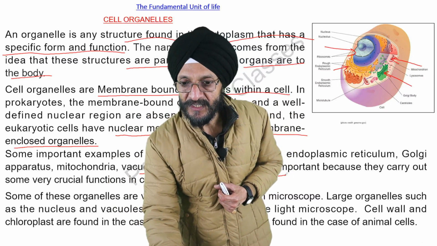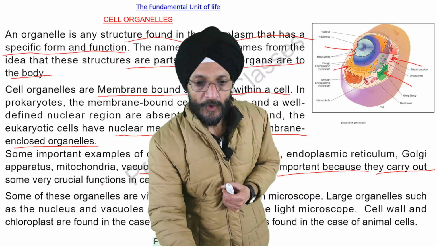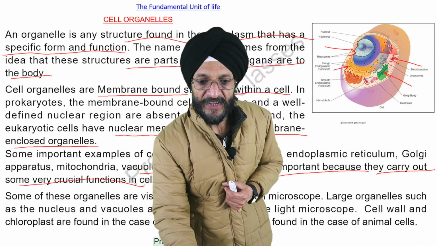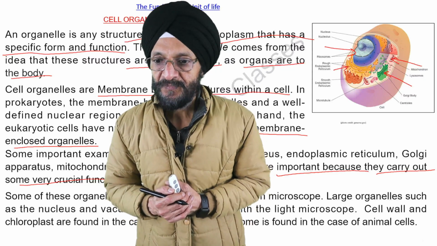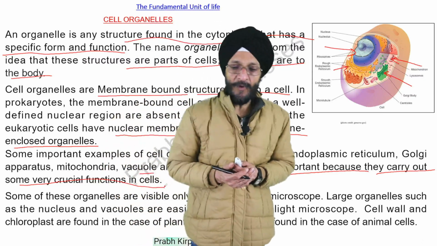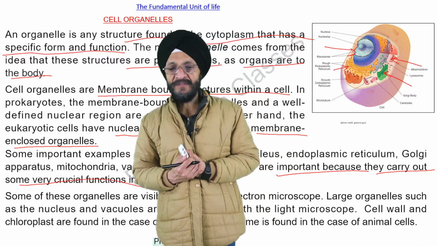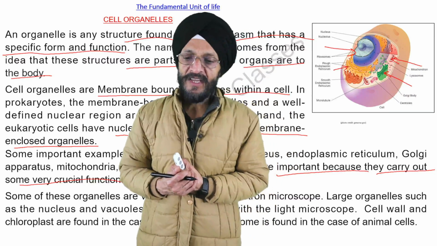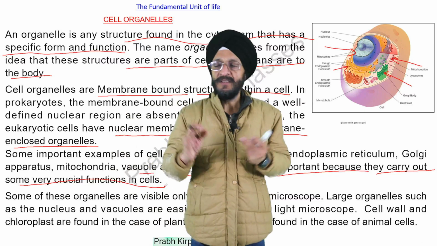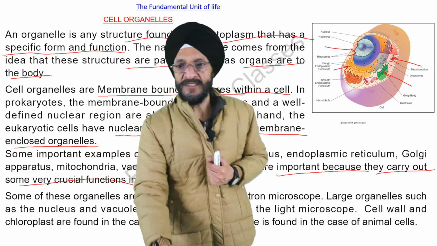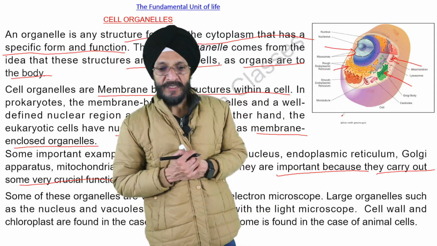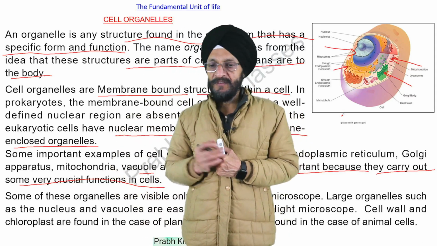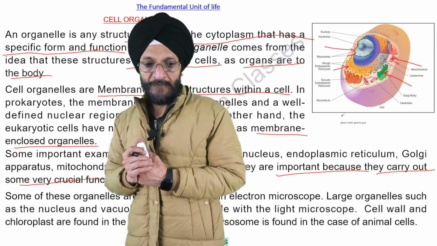The cell organelles are important because they carry out some very crucial functions in a cell. Some of these organelles are visible only with an electron microscope. Large organelles such as nucleus and vacuoles are easily visible with the light microscope.